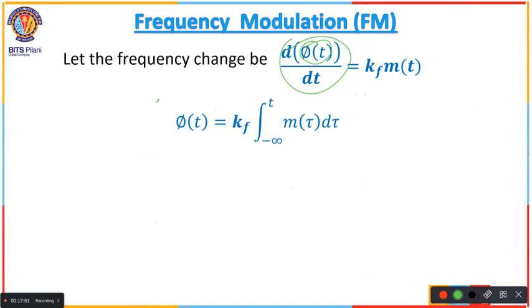Integration, that's all. It's quite straightforward; I need not tell you, you have done mathematics more than me. Then phi of t is the integration from minus infinity to t. So now you got phi of t.